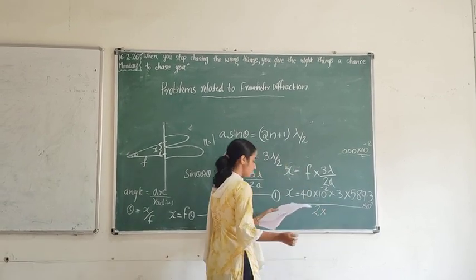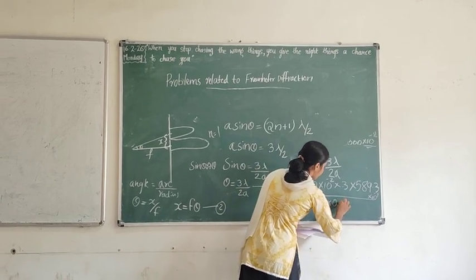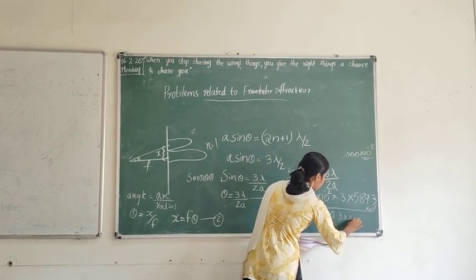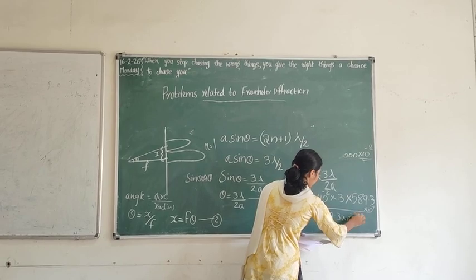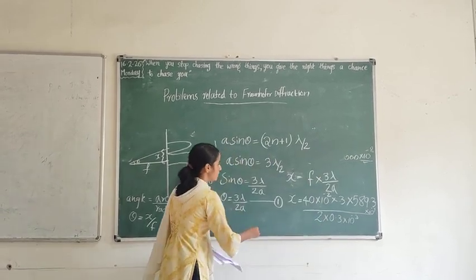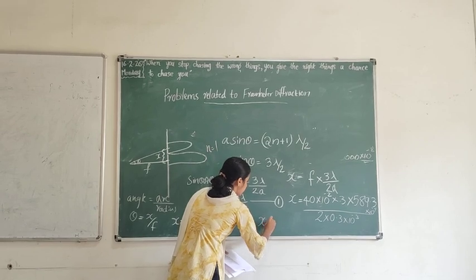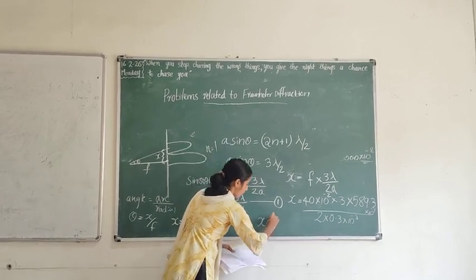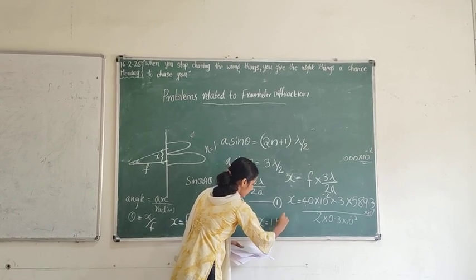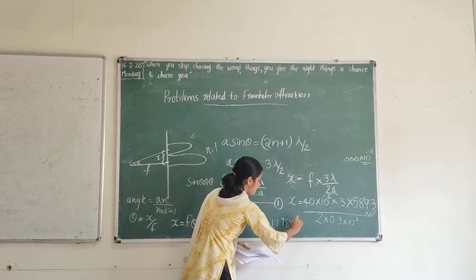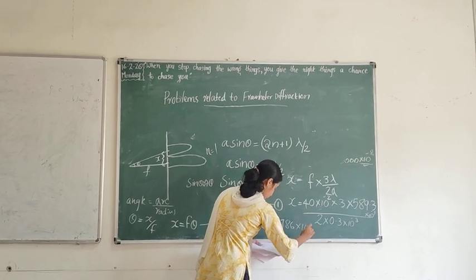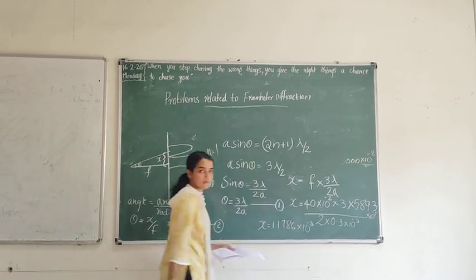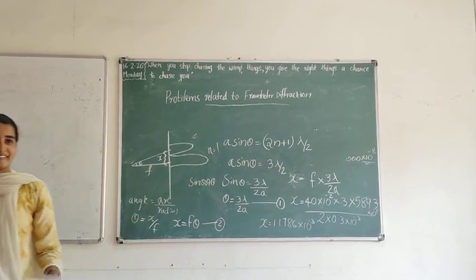Slit width a is 0.3 into 10 raised to minus 3. By calculating, we got x is equal to 1.1786 into 10 raised to minus 3. Okay, any doubt?